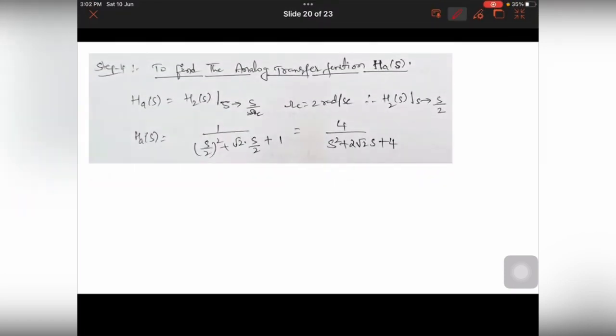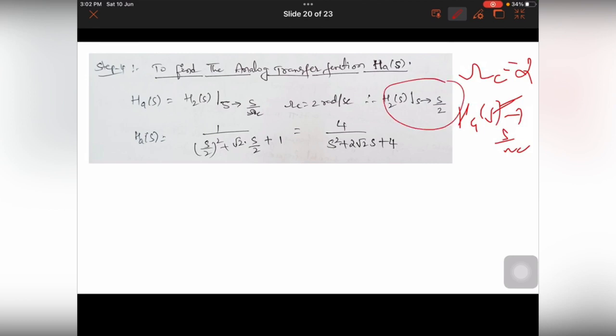We have to calculate the normalized transfer function, the system transfer function Hn of s. So what is your Hn of s? Hn of s is equal to H of s, where s is replaced by s by omega c. Here omega c is equal to 2 radian per second. So omega c value is 2 here, it is clearly mentioned.